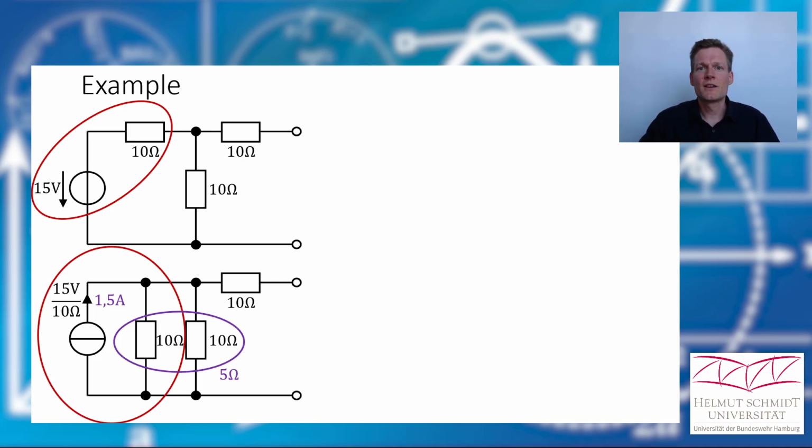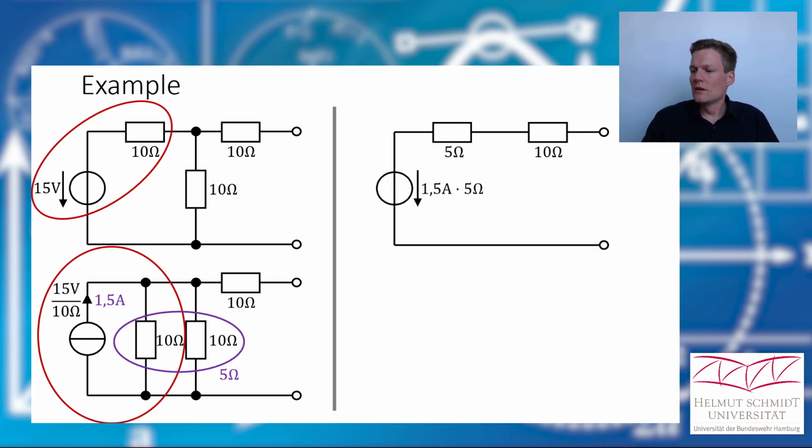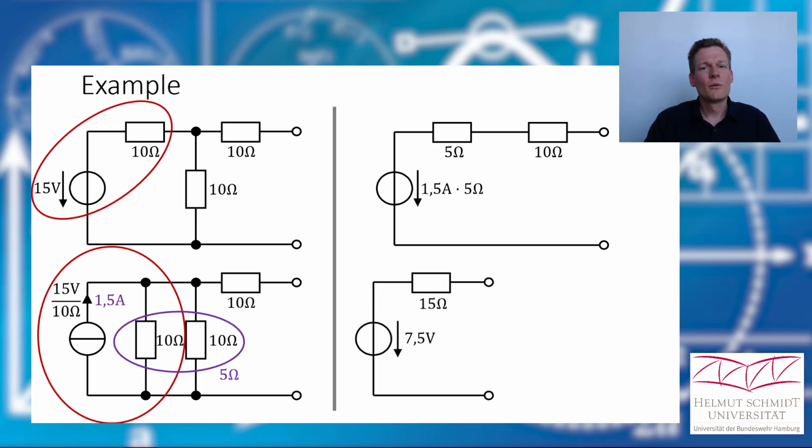We could transfer that into a practical voltage source. So it leads to a practical voltage source with the open loop voltage of 1.5 amperes times 5 ohm, and the inner resistance is 5 ohm. Now we have two resistors in series and we can combine them. If we do so, we are finished with our practical voltage source. This voltage source has the absolutely 100% same behavior to the outside world as our original circuit.